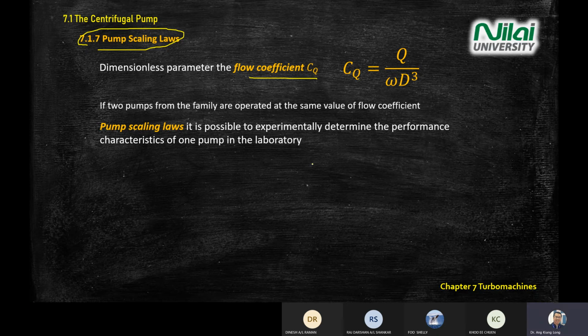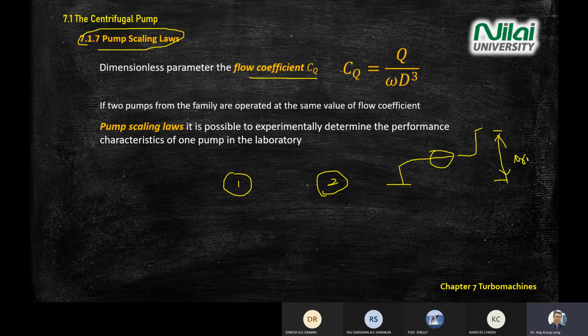It means you can pick a pump that's suitable for another operation. For example, pump number 1 and pump number 2. In the factory, you need to pump water up to 100 meters.